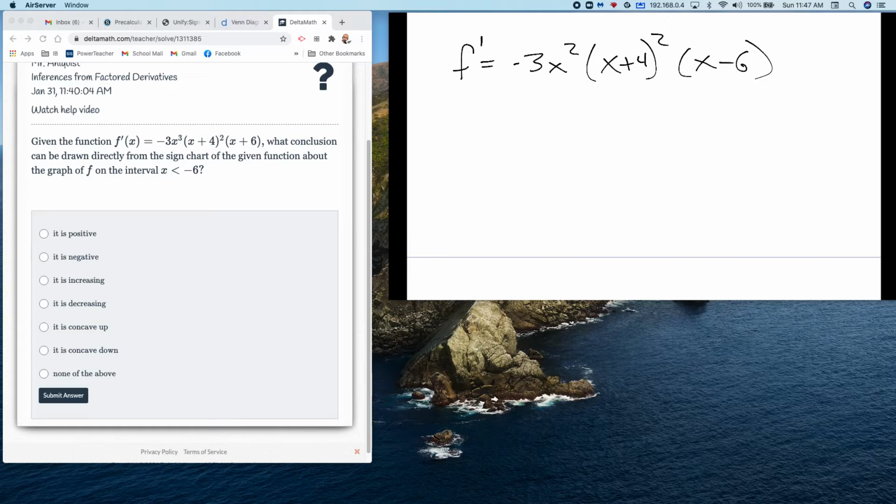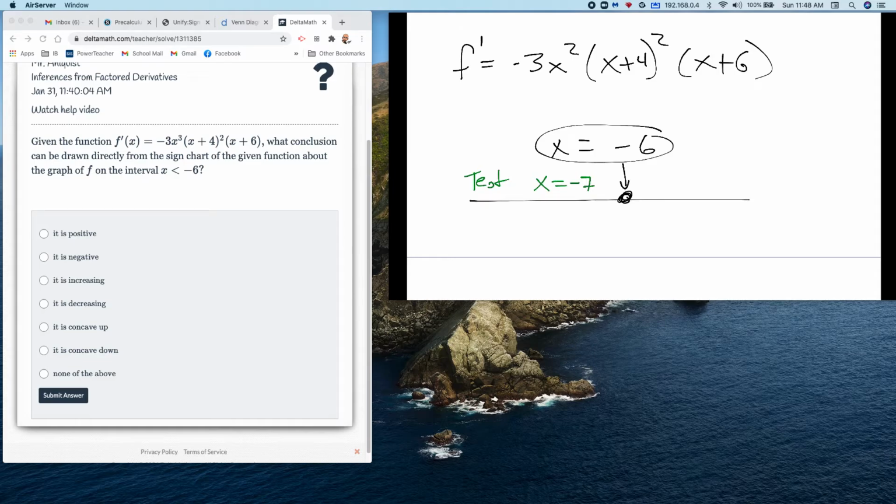When x is equal to -6, or this is x plus 6, when x is equal to -6, and we think about where that is, so let's say right here, we want to say, well, what happens when we test a value smaller than -6? Like, let's test x equals -7. If this value right here is -6, and we want to test what's happening at -7, we want to test f prime.